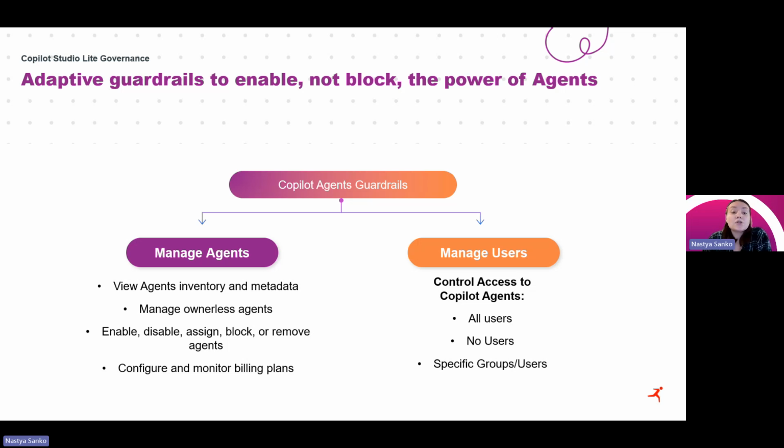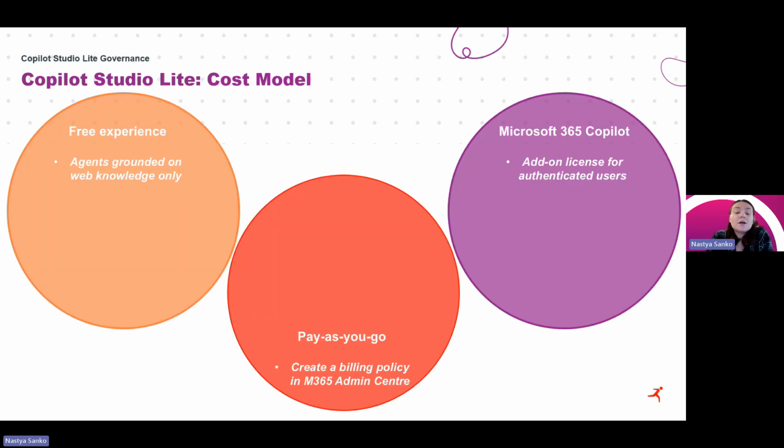And what you can also be doing is configuring and monitoring billing plans for the agents. Talking about billing plans, there are a few ways you can license agents built in Copilot Studio Lite. So you have the free experience that you can enable to anyone within the organization. They don't have to have any particular license, and these agents will not have any run cost associated with them.